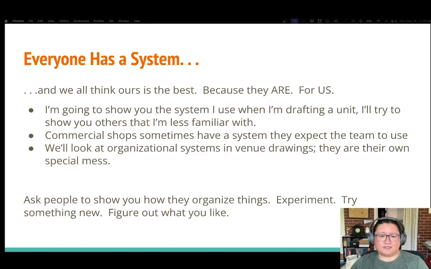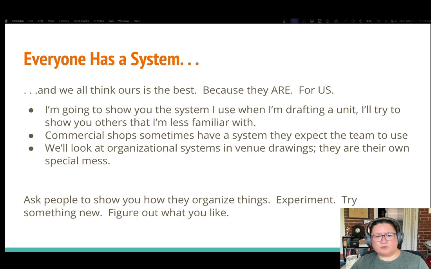It should be noted that sometimes commercial shops are going to have a system that they expect the entire team to use because they need anybody on their drafting team to be able to open up a drawing and understand how it's organized. And if that's the case, then that's absolutely the system that you should use, even if you hate it.